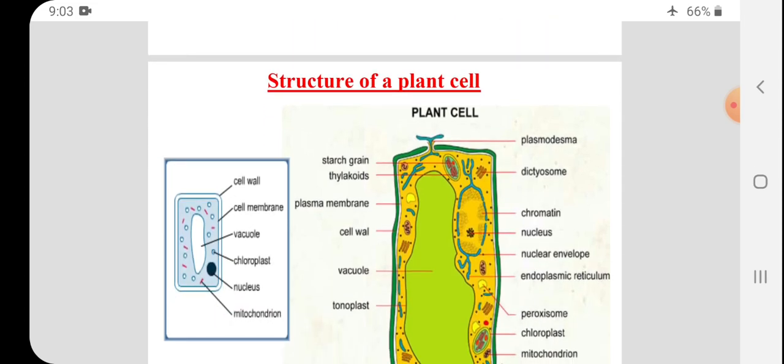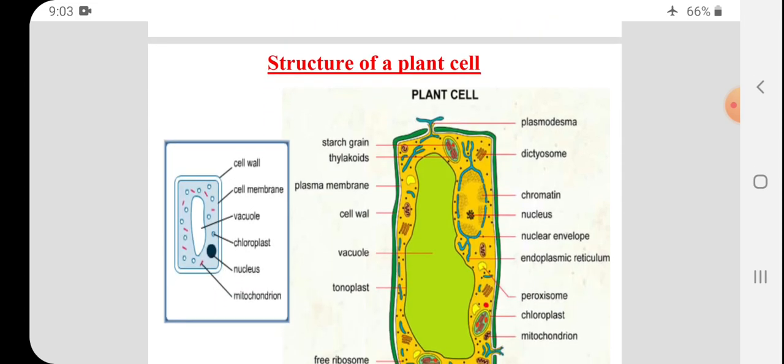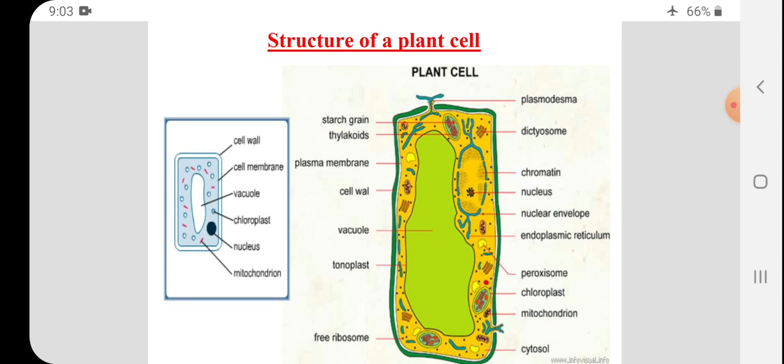Let's talk about the structure of the plant cell. You can see that plant cells have a proper cell wall which helps the plant for protection. You can find that chloroplasts are also present, containing chlorophyll, which imparts the green color in the plant.